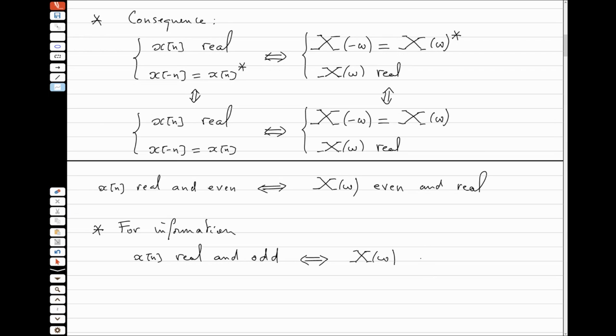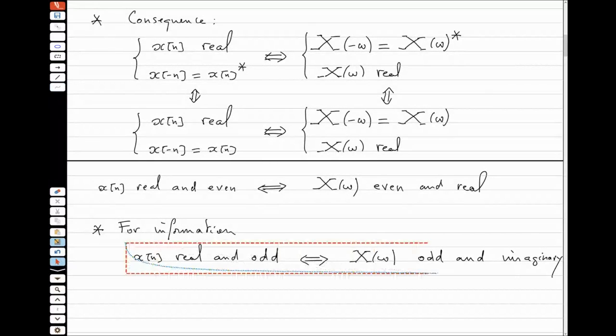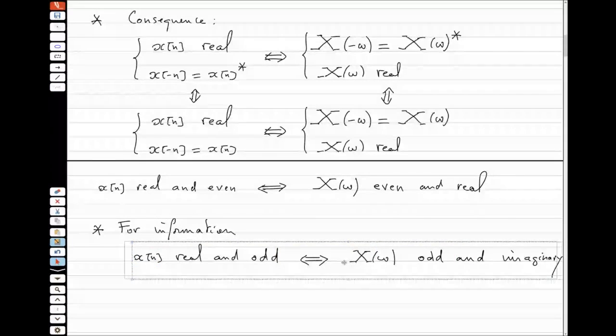So the answer is odd and imaginary. I'm not going to prove it. You can prove it yourself.